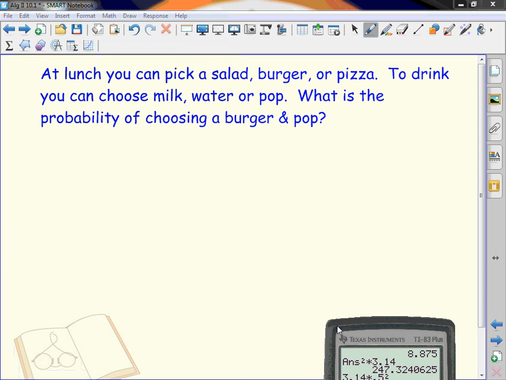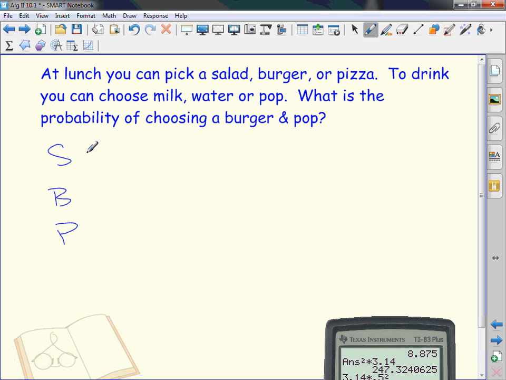At lunch, you can pick a salad, a burger, or a pizza. To drink, you can choose milk, water, or pop. We're going to find the probability of choosing a burger and pop. So for lunch, I can have a salad, a burger, or some pizza.